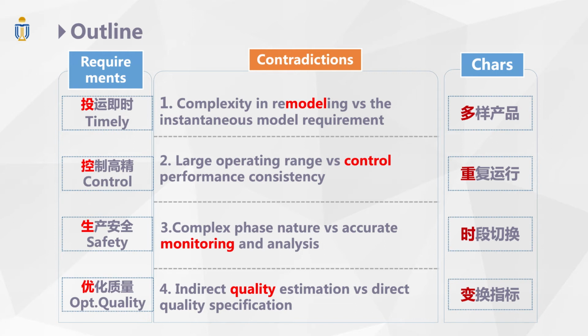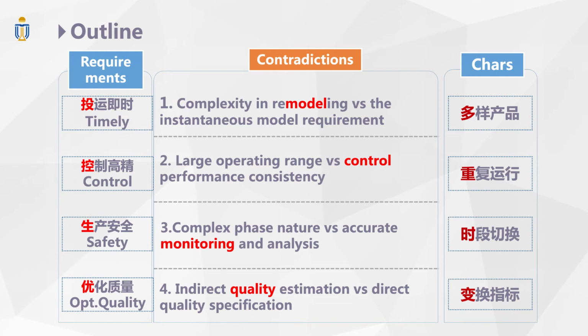In terms of control, you have a large operating range versus a consistent performance requirement contradiction. In terms of monitoring or analysis, the process has complex phase natures, yet you need to do accurate monitoring and analysis in time.